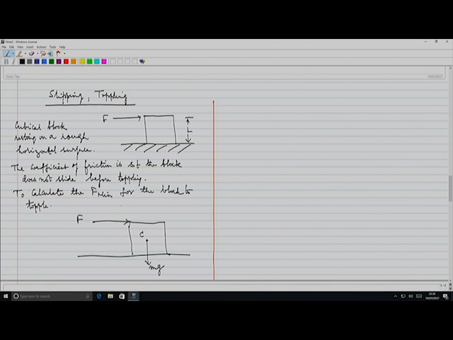Initially, when you are not applying any force F, the normal reaction would be at the center of mass of the cube such that it opposes mg.